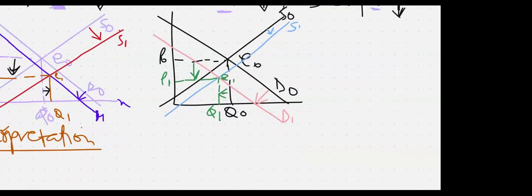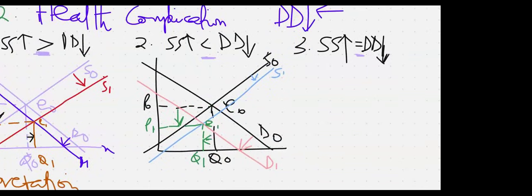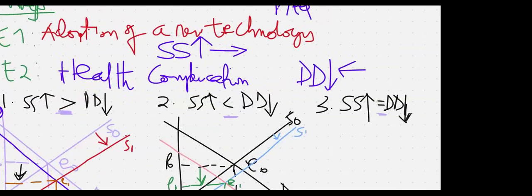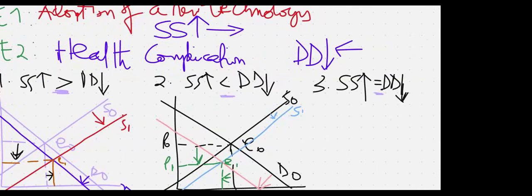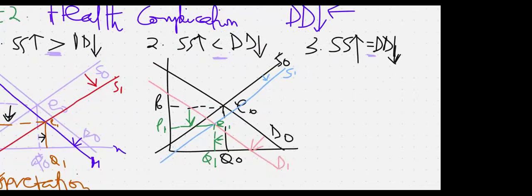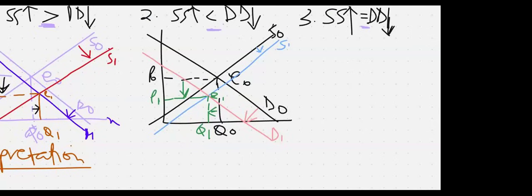So there's the next stage. So we can say if the health complications have a greater impact on the demand for MKM cocoa drinks more than the impact of adoption of a new technology on the supply of MKM cocoa drinks, the equilibrium price of MKM cocoa drinks decreases from P0 to P1.